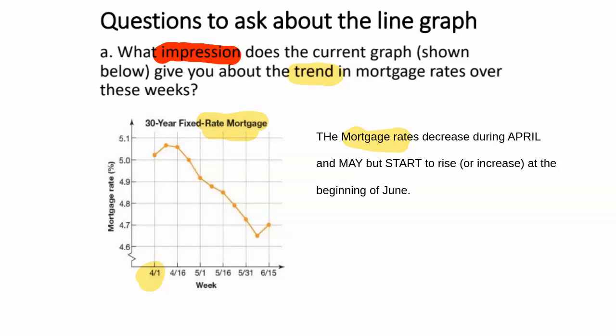Well, notice that it says the mortgage rates decrease during April. Well, during the month of April is this period. Look at my connected dots. The mortgage rates are decreasing. Okay?